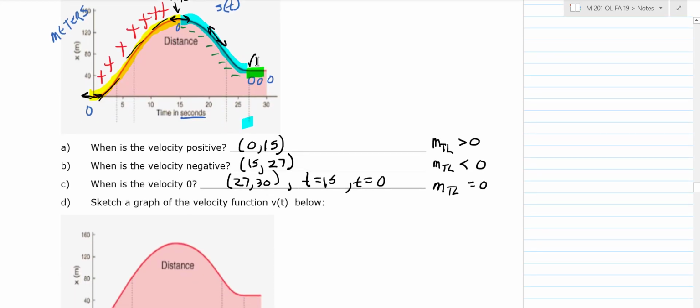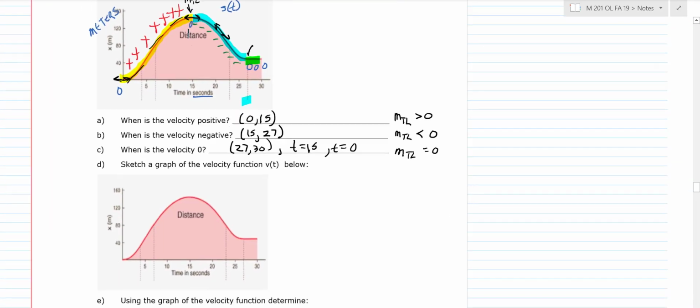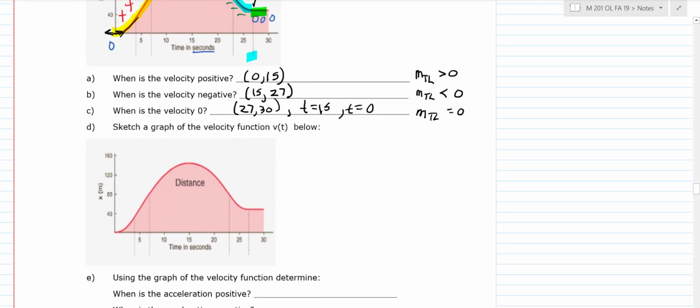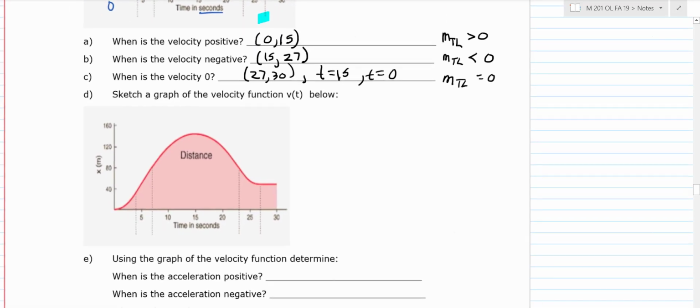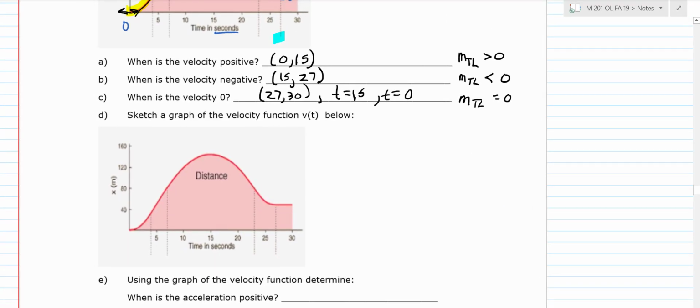Now what we're going to do is sketch a graph of the velocity function below, and we're just going to try to estimate this the best we can. I'm going to draw over this thing when I do this. So the idea is from 0 to 15, we have a positive velocity. That means that from here to here, if we graph the velocity, the values will be above the x-axis.